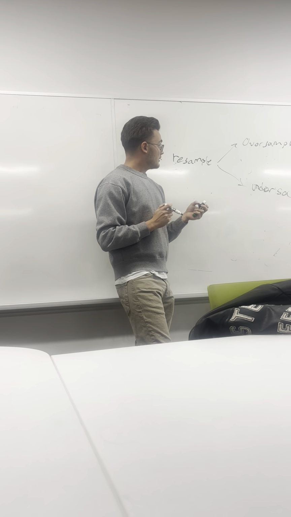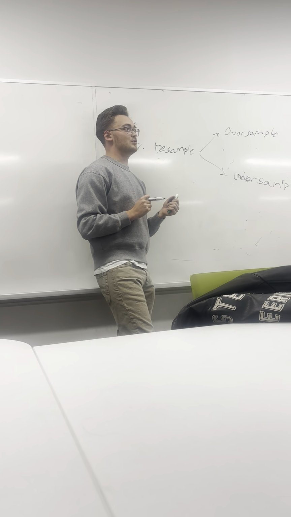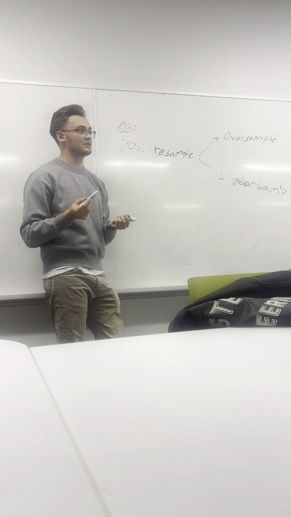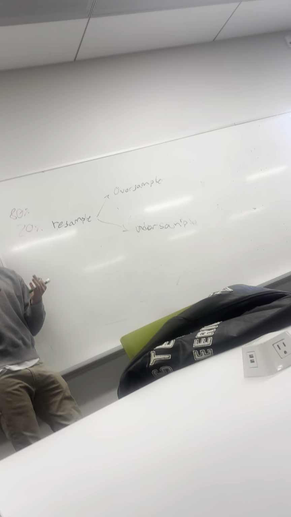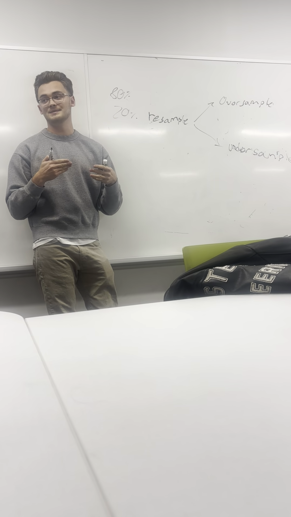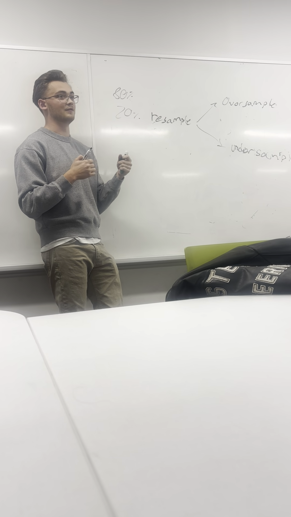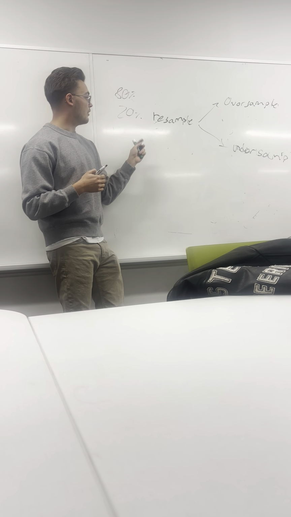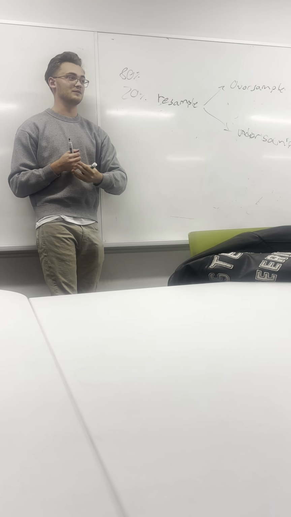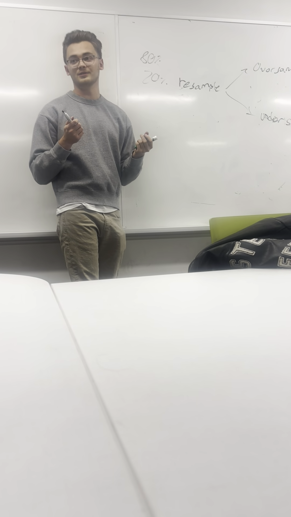The issue that comes with that is that some of these women might be outliers, or might have a very particular set of features, and then you could get overfitting on them because they're duplicated many times in the data set, even if they're not representative of women at large. Alternatively, you can undersample. So I've got my 80% men, I can drop a bunch of them from the data set until it's closer to equalized odds.